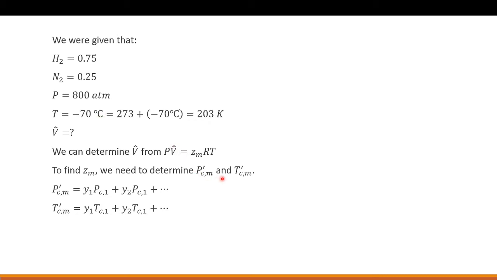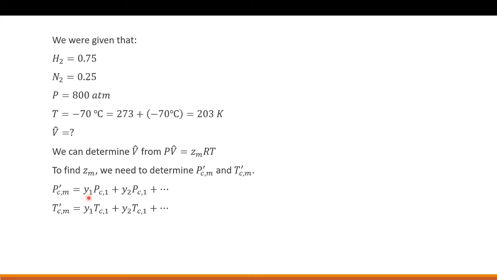And then we also need to identify the critical temperature of the mixture. So this is the formula to determine your critical pressure and your critical temperature of your mixture. Basically, you take the mole fraction multiplied by the critical pressure of that specific compound.